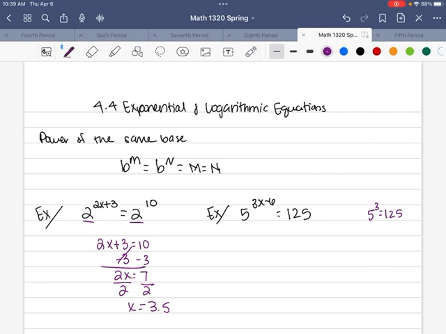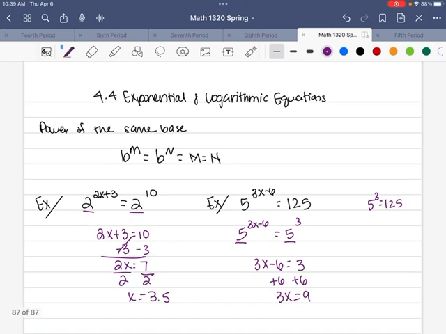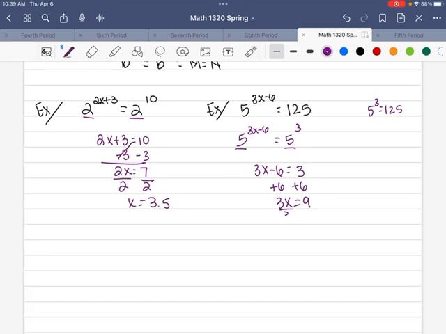So I can rewrite this as 5 to the 3x minus 6 equals 5 to the third power. Now the bases are equal, so we can set the exponents equal. Add 6, 3x is 9, divide by 3, and x equals 3. So our solution is x equals 3.